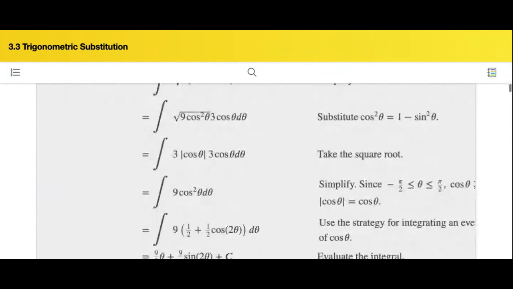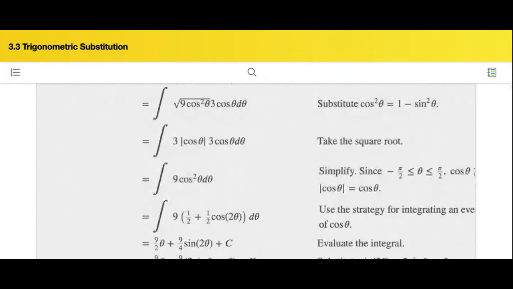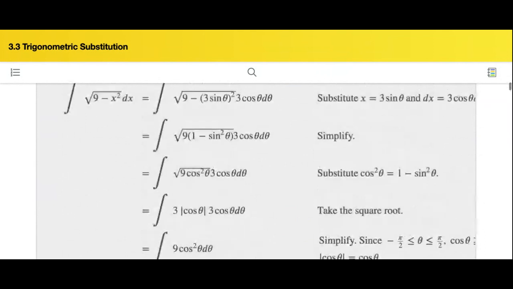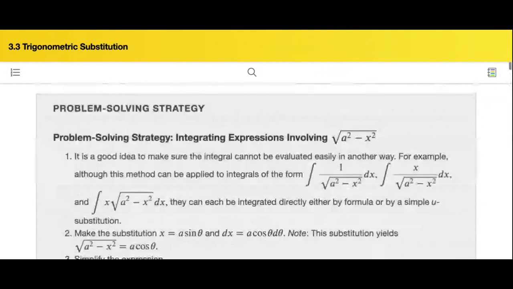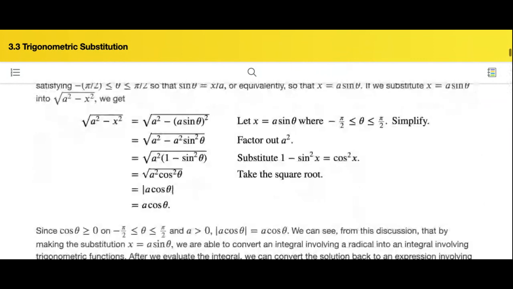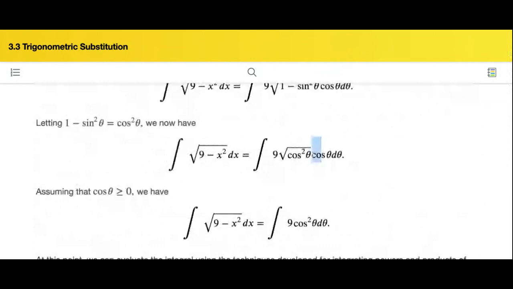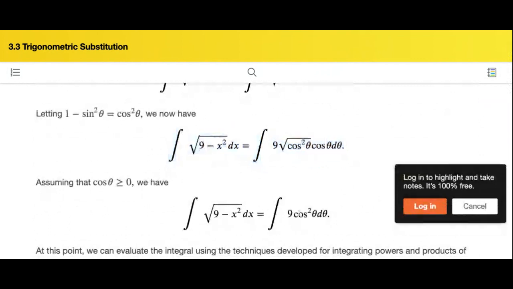Then, why is it squared? Oh, okay, yes, we have cosine. This wasn't a typo, because we have this cosine from the square root, then we have this other cosine. So we did get a cosine squared.